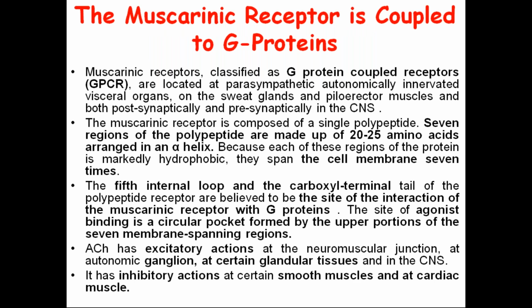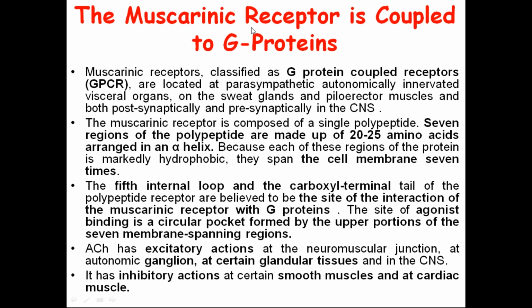Now, a very important thing: we have discussed in our first slide that the nicotinic receptor was an ionic receptor because it was opening the ion channels, the Na plus and K plus channel. But on the opposite, the muscarinic receptors are actually binding to some internal protein, and that protein is called the G protein.